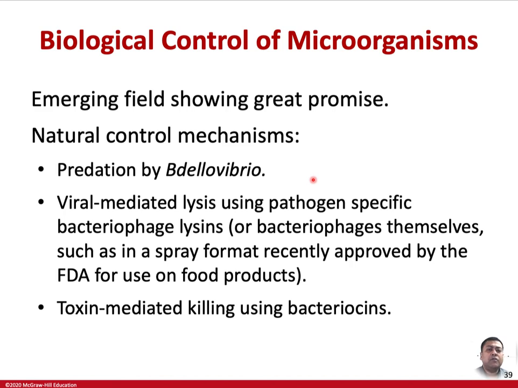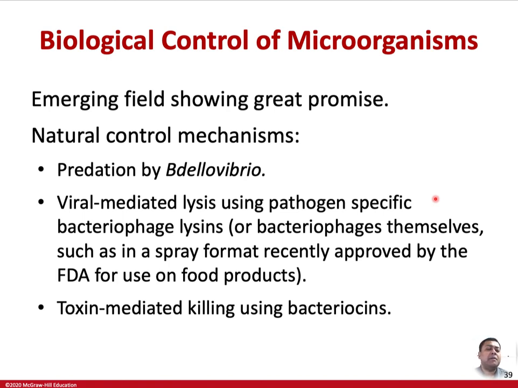It is not used in human beings, but it can be sprayed onto poultry, and that can reduce the contamination of these meats by Salmonella, Shigella, or E. coli. There is an interesting story about the phage: in 1917, Felix d'Herelle from the Pasteur Institute in France isolated a bacteriophage from a patient who had recovered from bacillary dysentery.